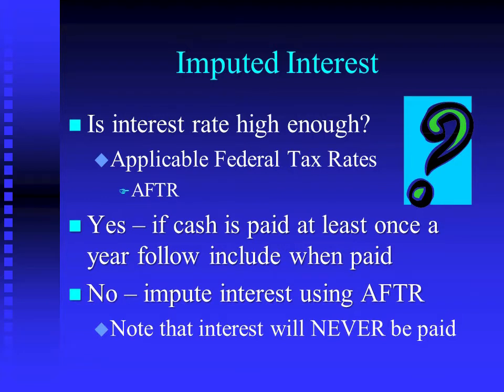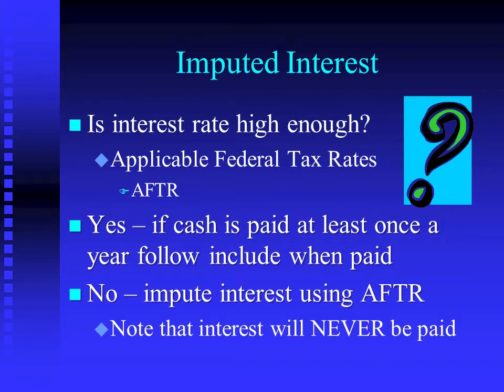Remember, substance over form. The substance was that there is some sort of special deal here, otherwise I would have charged interest. And this is an issue that dragged on for like 10, 15 years, where the government tried to attack various gift loans, zero interest loans. And the courts kept coming back and saying, we understand the issue, but there is nothing in the tax code that says you have to impute interest.